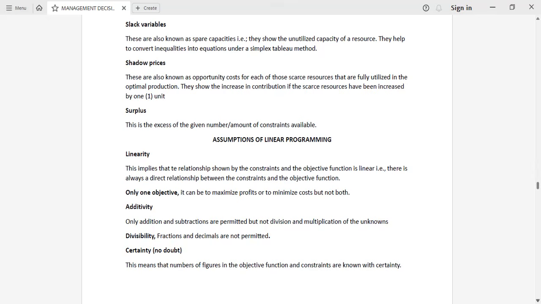So therefore, the resources we use, we are looking at those resources as the constraints, because they are the ones that are going to help us maximize the profit.